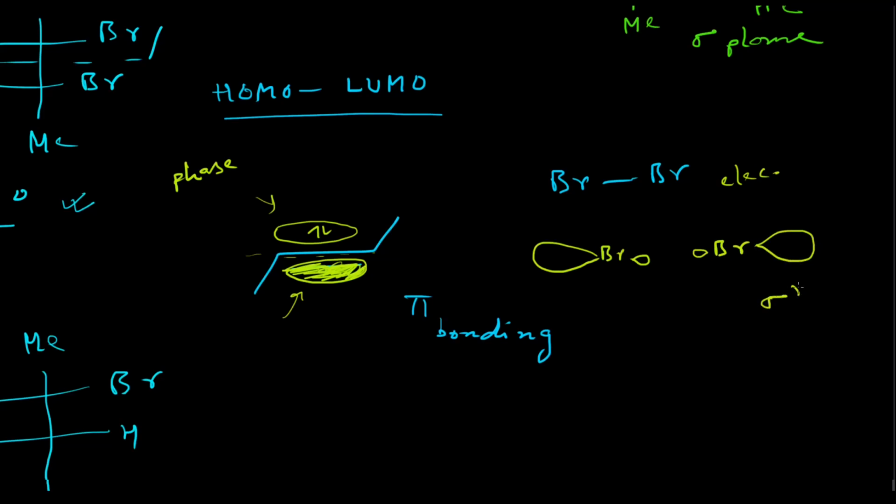This will be the sigma star orbital of the bromine-bromine single bond. If this is in this phase, this will be in the opposite phase, and this in the opposite phase. During the reaction, this HOMO of the alkene will essentially react with this LUMO, the bromine-bromine sigma star.